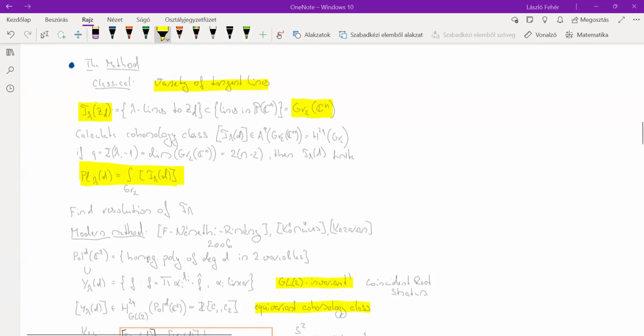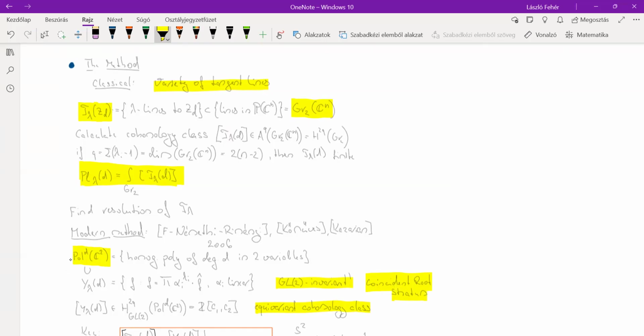We look at all the homogeneous polynomials on C^2 of degree d. This is the notation. And we look at the so-called coincident root strata, so the polynomials with the given multiplicities.